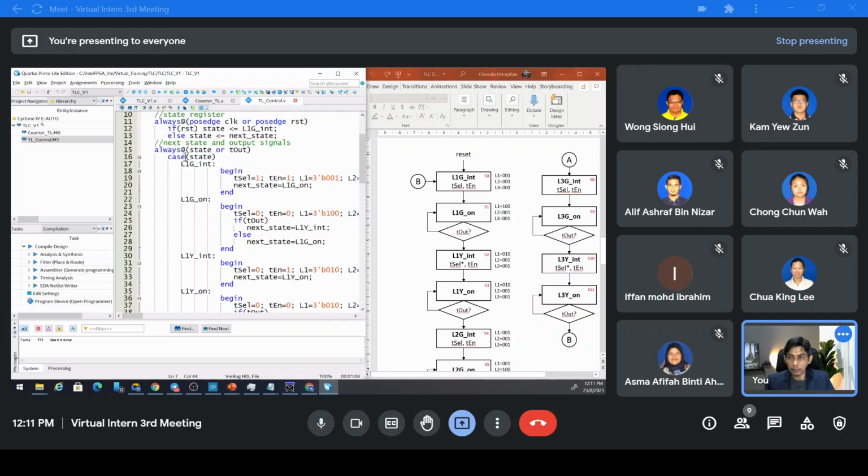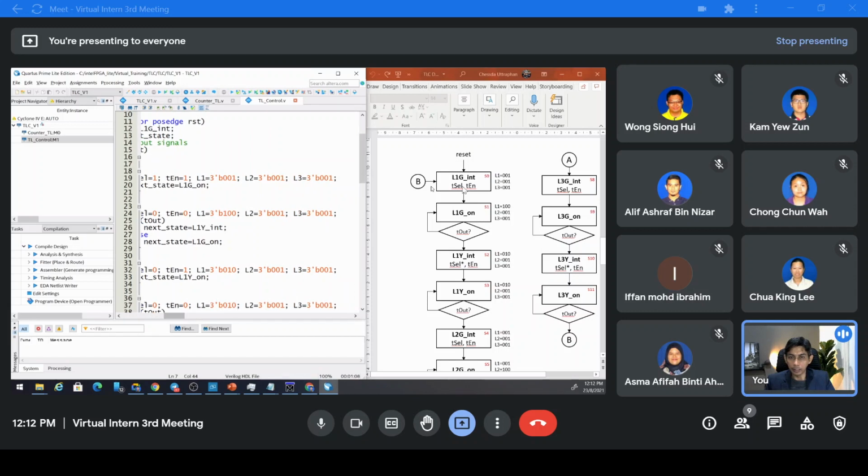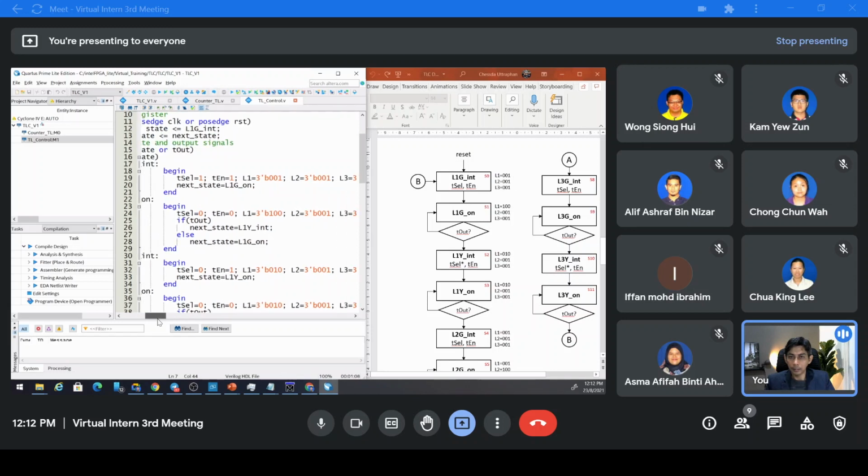Now here, at state 0, T select equal to 1, T enable equal to 1, and the output is exactly based on this: 001, 001, 001, right? And this is only one clock cycle, and we go to the L1G on next state.